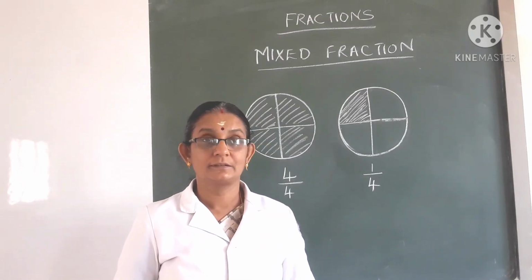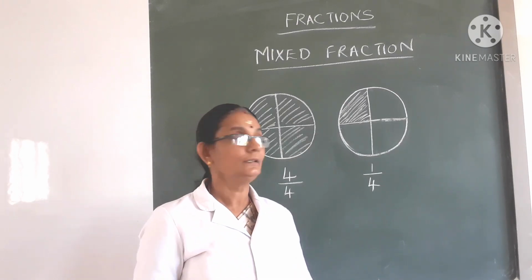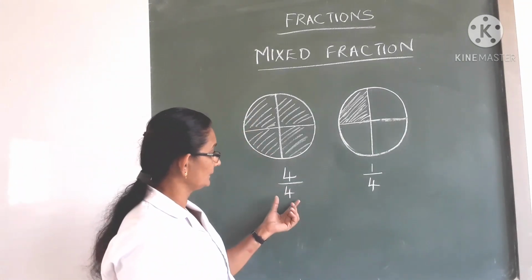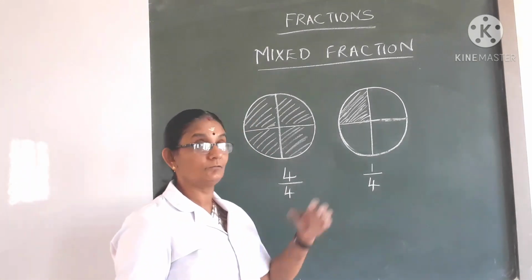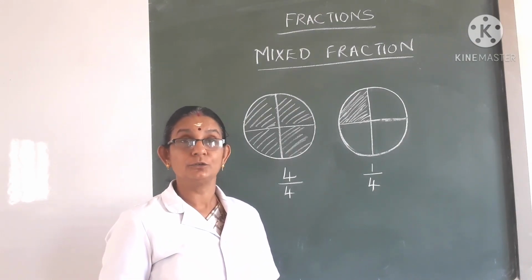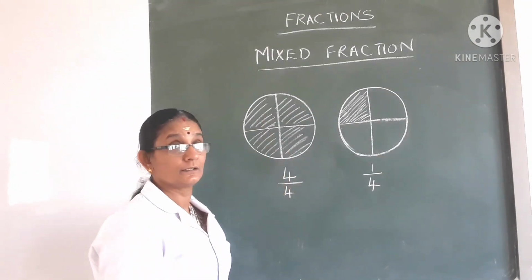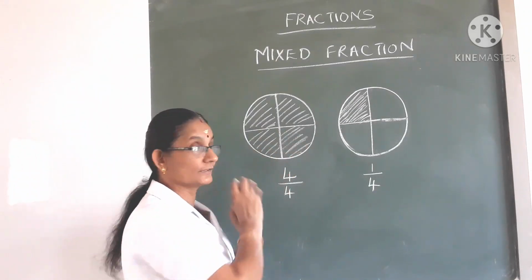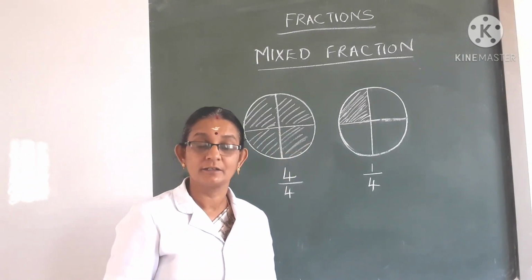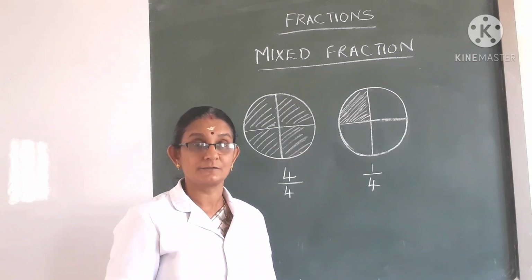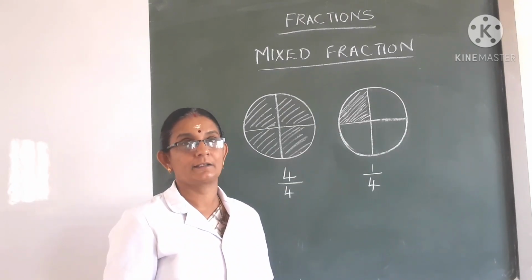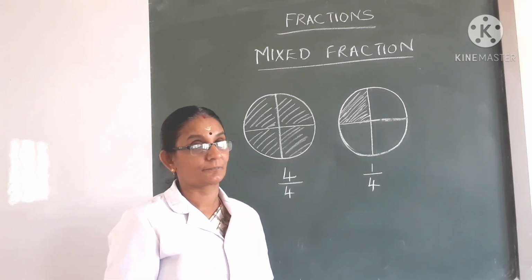Now children, as in the previous example, here we have the fraction 4 by 4 and 1 by 4. And we know that 4 by 4 means the whole one of the circle, isn't it? So we can represent this fraction in a different way. How to do it?